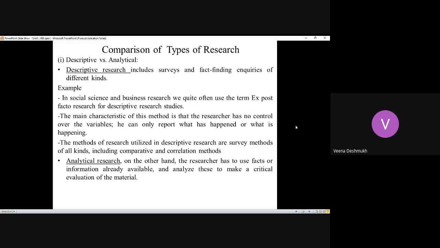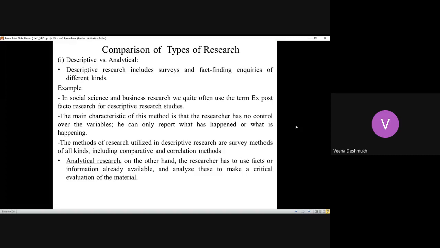The next one is the analytical type. Now what is this analytical type of research? For the analytical type, we already have the information available. Now that information we are taking. I am not going to go and collect the information, so the primary data I am not collecting.